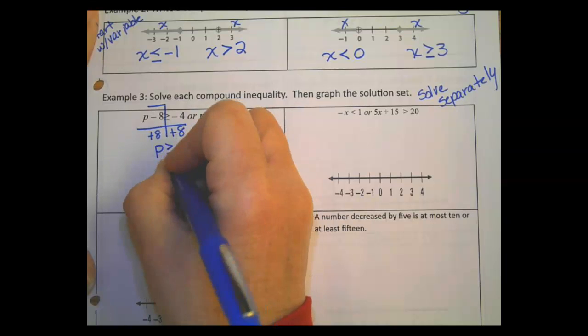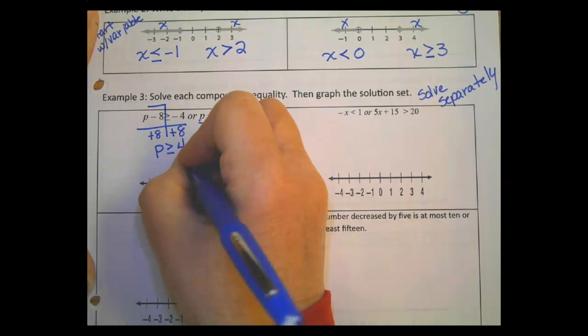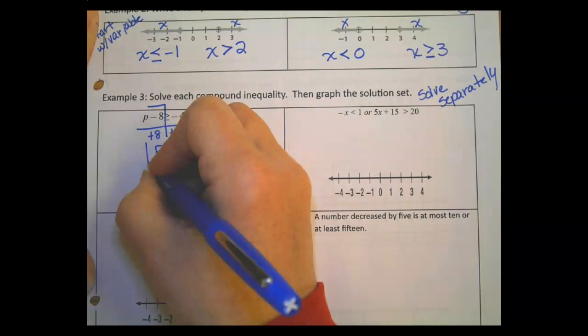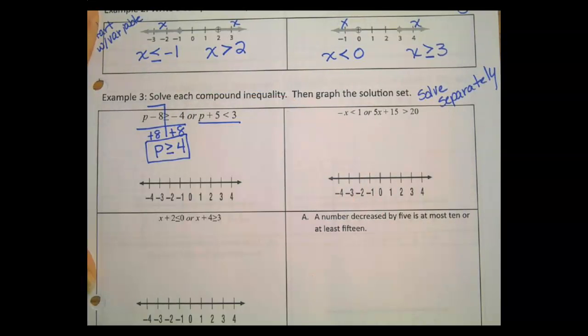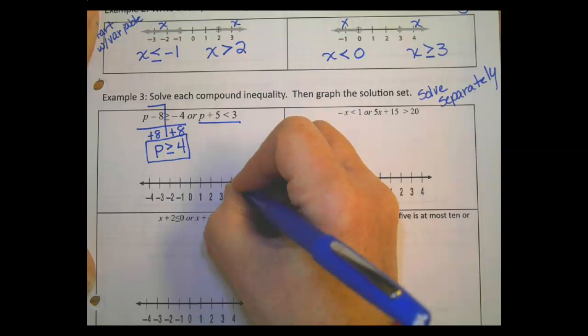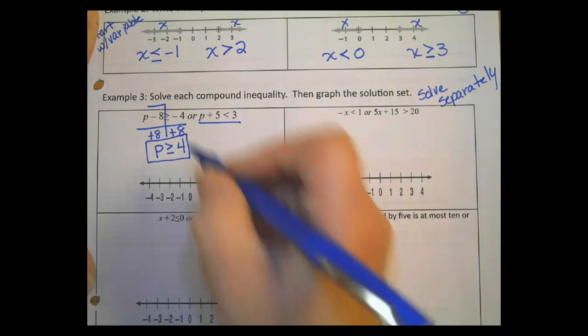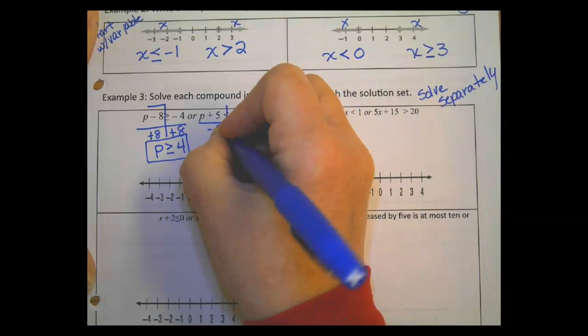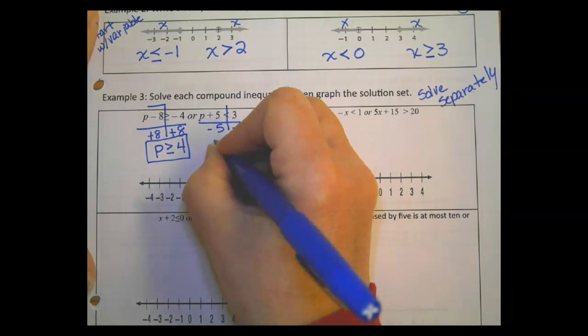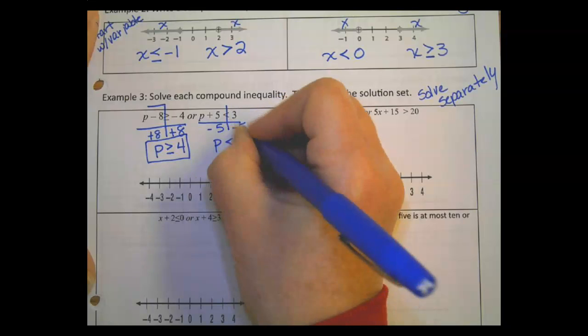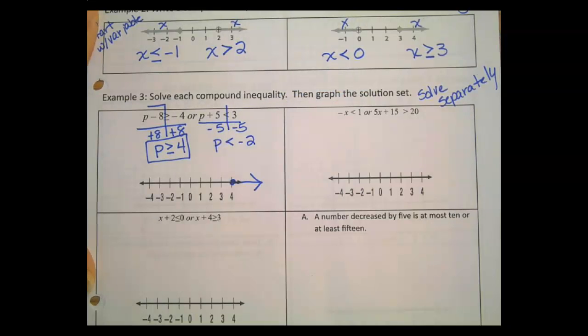P is greater than or equal to 4. So that's one equation. I'm going to graph that. Solid dot on 4. Which way am I going? This way. Solve. Subtract 5, subtract 5. P is less than, what's 3 minus 5? It's -2.